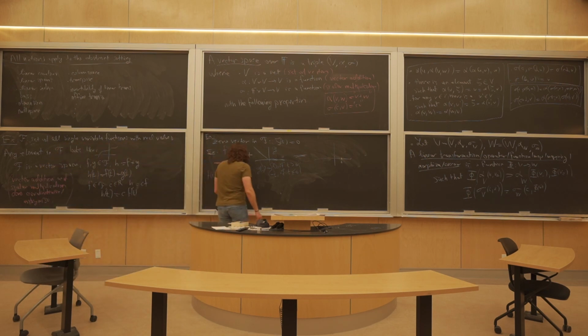F of t is t. G of t is 0. So because you're basically adding 0 on the positive side, you're going to have this piece. And likewise, on the negative side, this is 0, which means that you're going to have this piece. In other words, you're going to get the absolute value function.